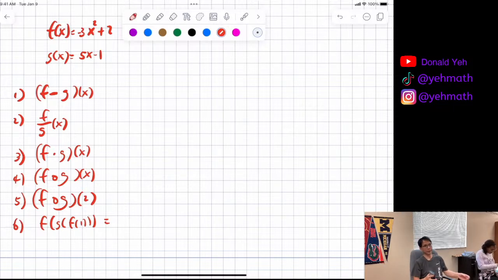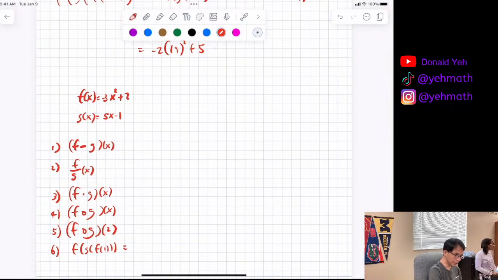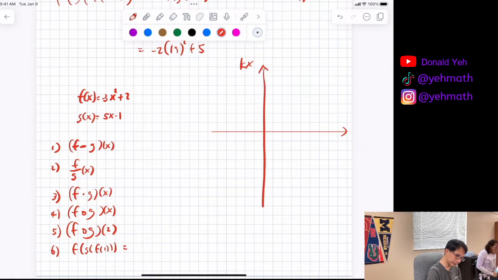So I'm gonna give you a little bit more challenge if you've done all of them. I'm gonna give you k of x as a graph. So k of x is gonna be a graph. It's gonna be something like this. This is a k of x graph.